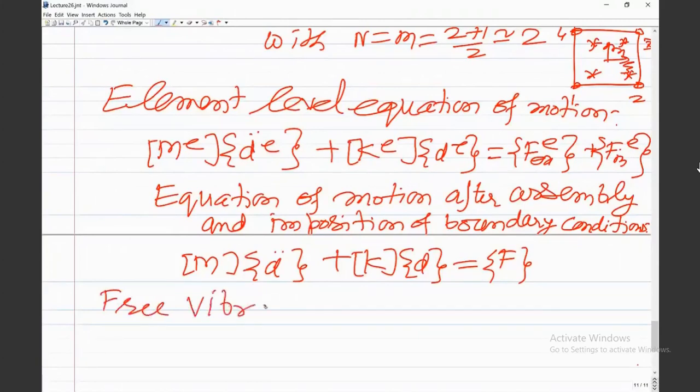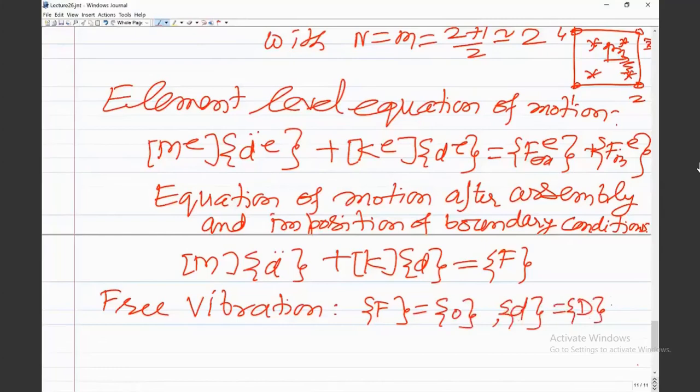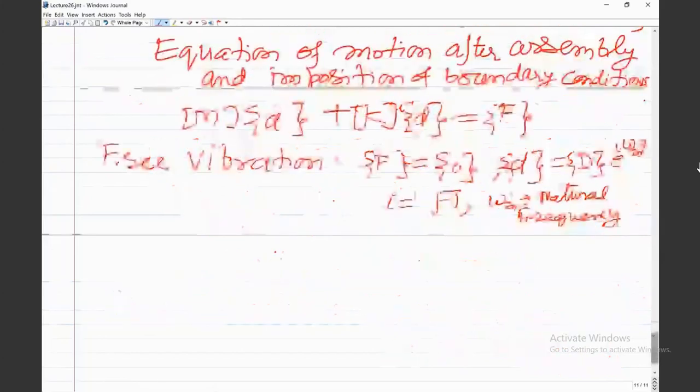So if we want to carry out free vibration analysis, and particularly the eigen-modal analysis, in that free vibration analysis we take F to be a null vector, and we assume for the modal analysis that d, which is a function of time, can be written as d, which is independent of time, into e to the power of i omega n t, where omega n is the natural frequency, i is equal to square root of minus 1, and t is time.